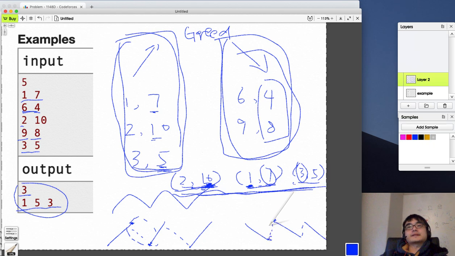If it satisfies this condition, we can push this number pair into the answer, right? And after we get the longest for both of these sets, we can just choose the longer one and output it as the answer, right? I guess that's it.